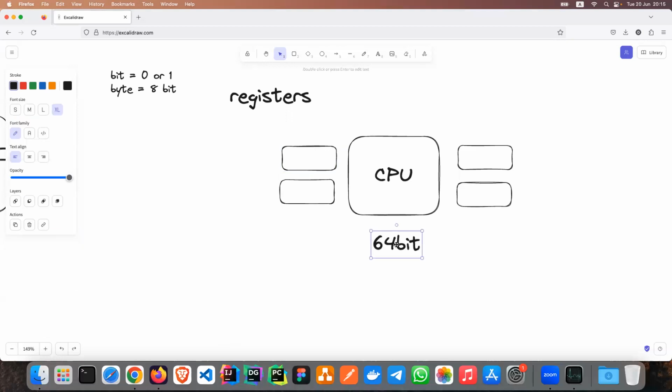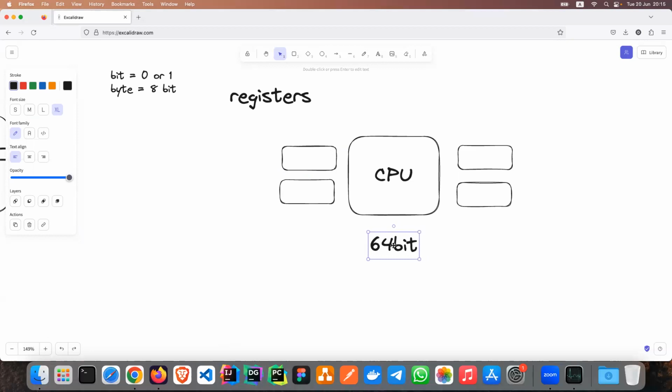For example, if my CPU has 64-bit architecture, it means it has registers that can hold 64 bits, which means the maximum number is 2 to the power of 64 minus 1.